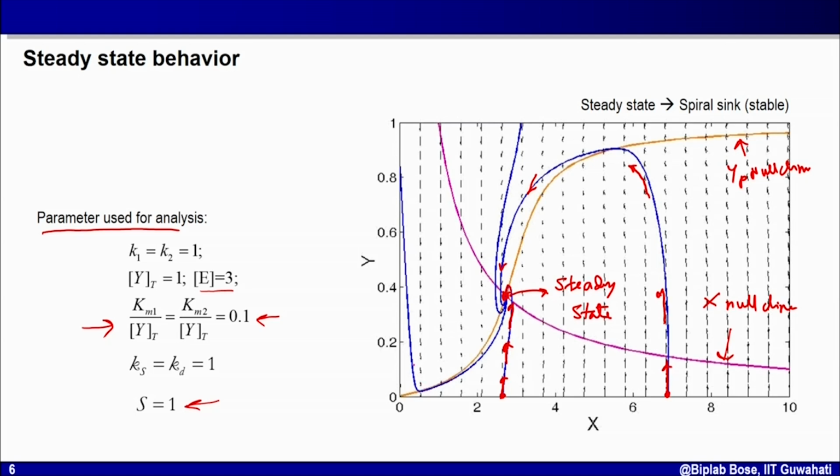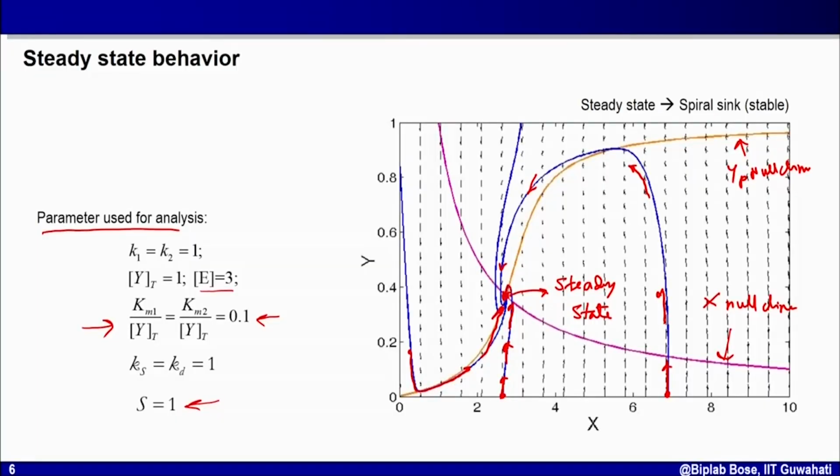If I start somewhere else, I will follow another trajectory and ultimately collapse at the steady state. So wherever you start from in the phase plane, you eventually move in a spiral path and collapse at the steady state, which is the intersection of the YP and X nullclines. That's why this steady state is a spiral sink, and obviously it is a stable one.